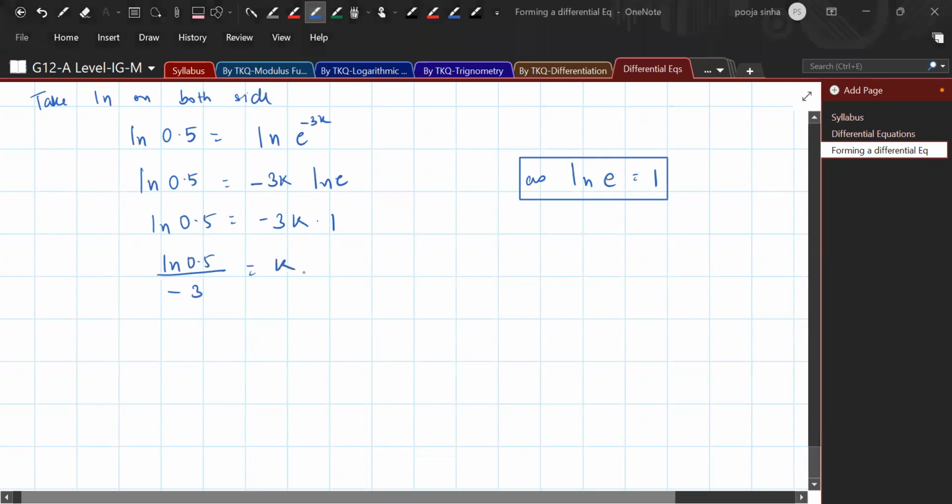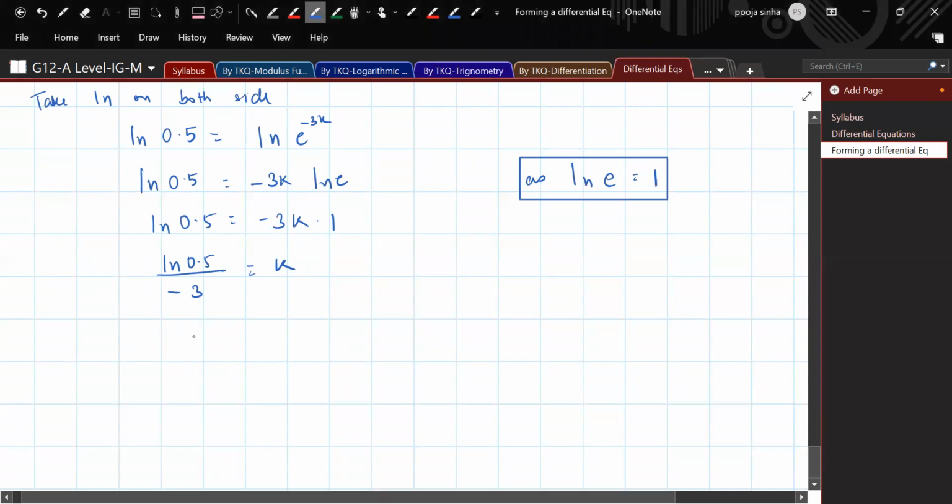What is the value of k coming to? 0.231. k is equal to 0.231. Okay.